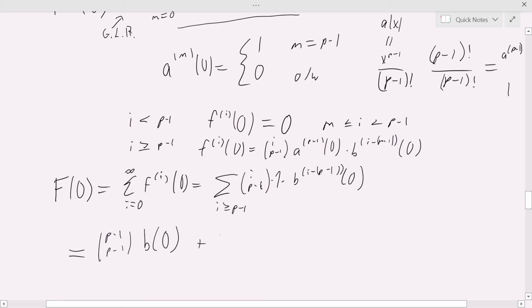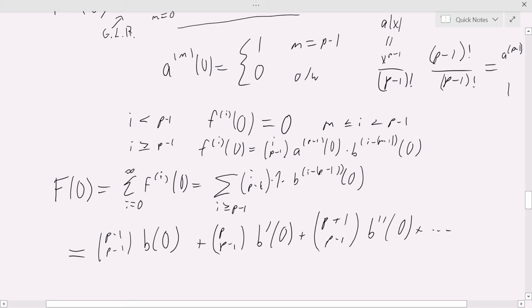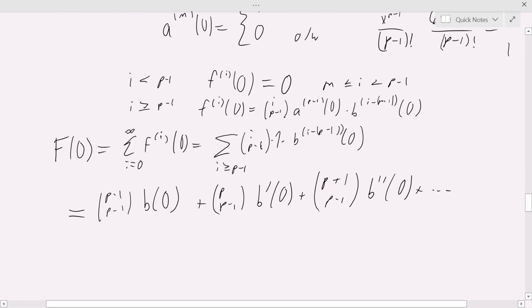And then plus, the next one is going to be p choose p minus 1 times b prime of 0, then plus p plus 1 choose p minus 1 times b double prime of 0, and you get the idea. So you have these binomial coefficients, and then successive derivatives of the b function, starting with just the b function itself.